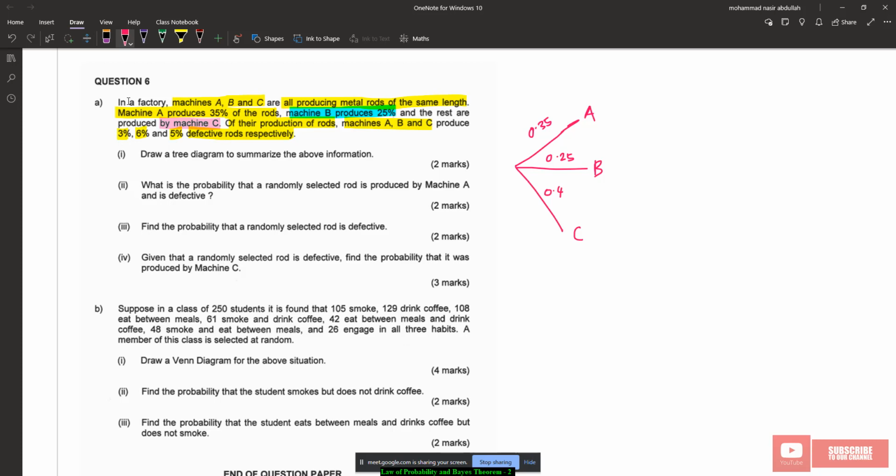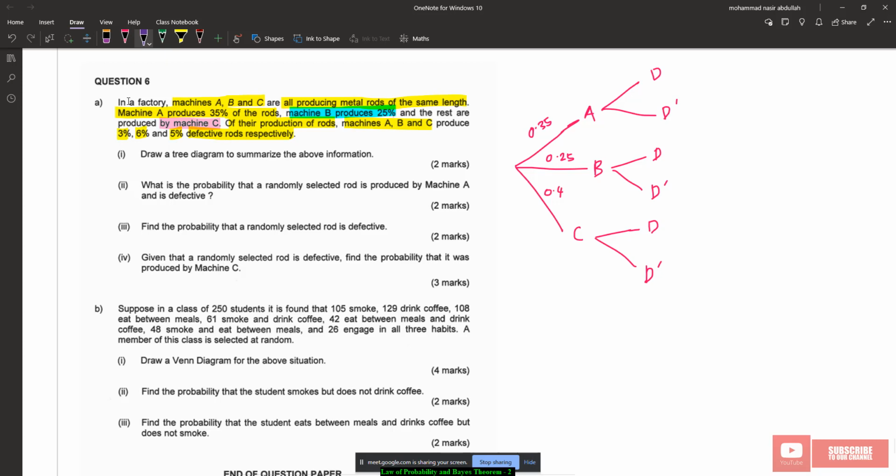So there will be 2 types of rods, either defective or non-defective, meaning rods that are okay and rods that are faulty. So there will be 2 outcomes, defective, non-defective, because all are producing the same thing, right? Defective, non-defective.